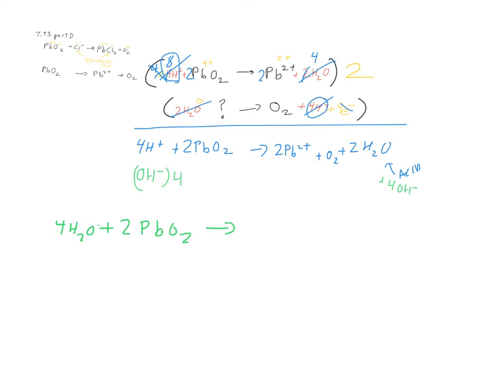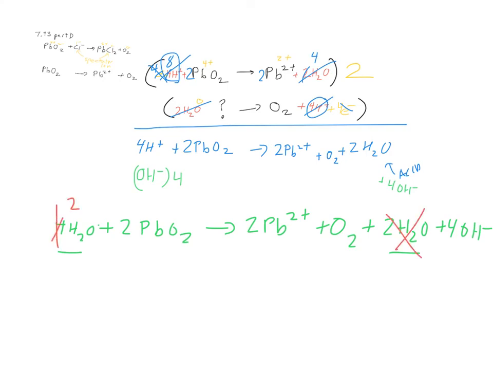Then I have 2 lead 2 pluses, plus my oxygen, plus my 2 waters, plus my 4 hydroxides. Oh wait, I've got 2 waters over here, 4 waters over here, so I can cancel out those 2 waters and reduce that 4 to a 2. And now I'm done, with one other exception.